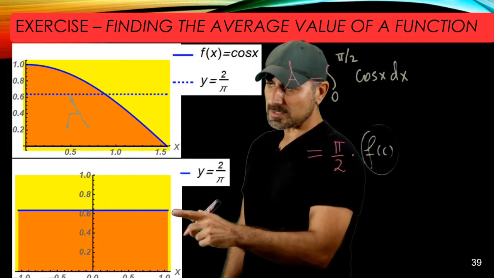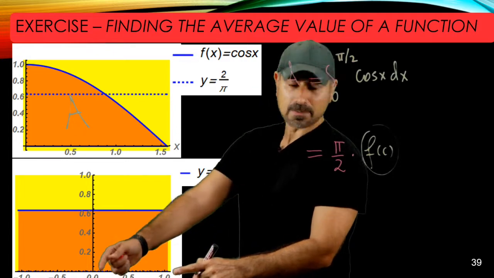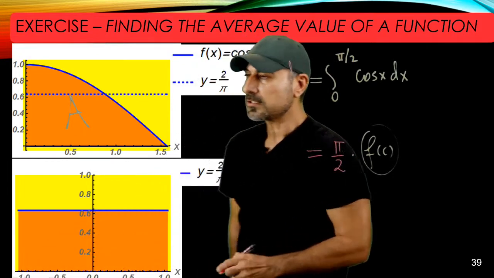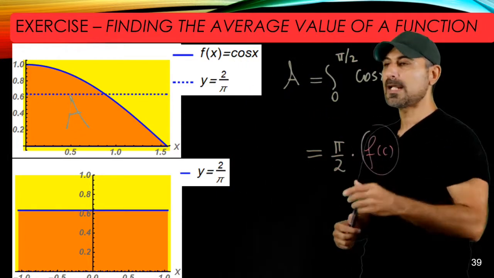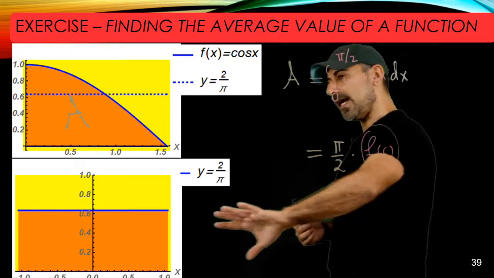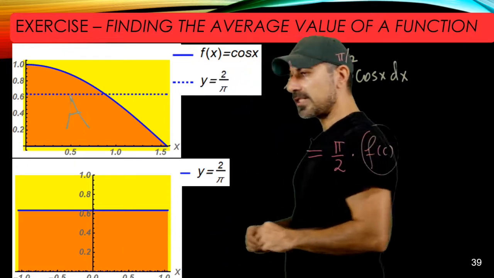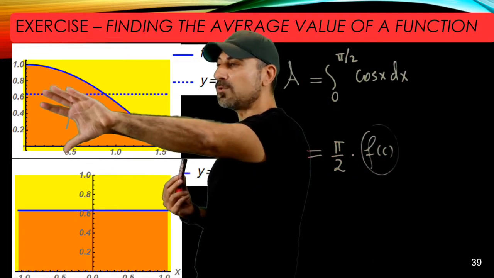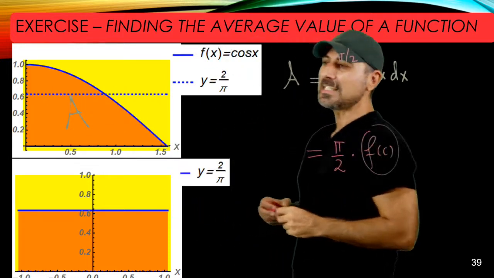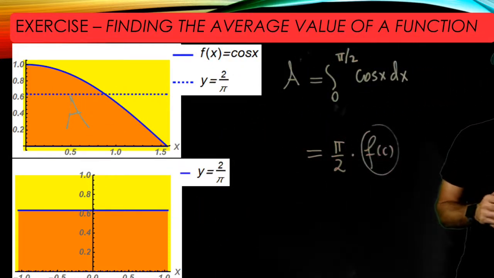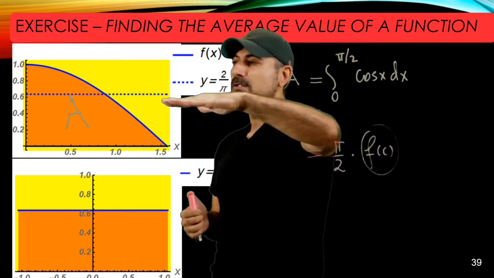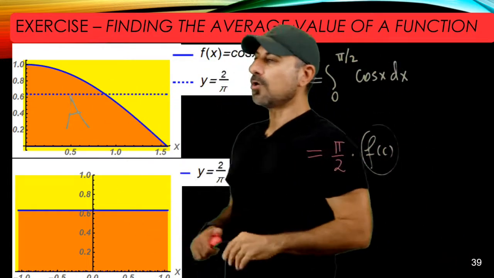As you see, this is the height of the rectangle, and pi over 2 is the length of this side here. So essentially, pi over 2 times f of c is the area of the rectangle. That's exactly the same as this orange area, which is the area between the blue curve and the x-axis. So this tells us that the average value of the function over the interval is just 2 over pi.